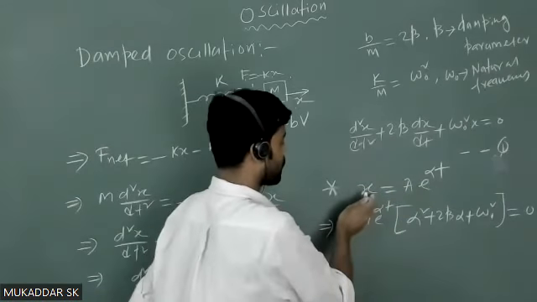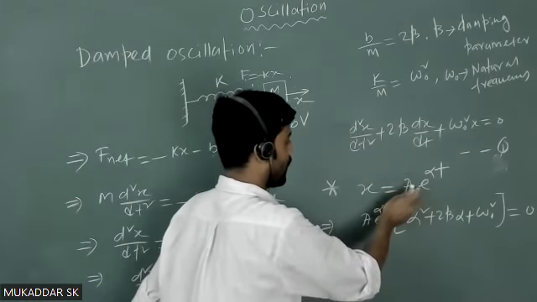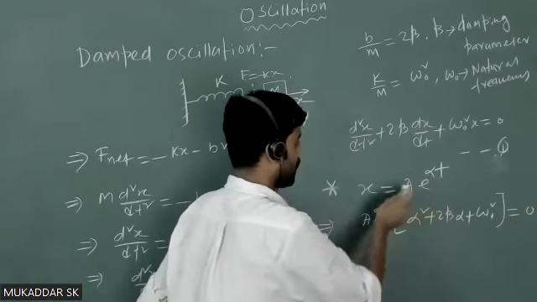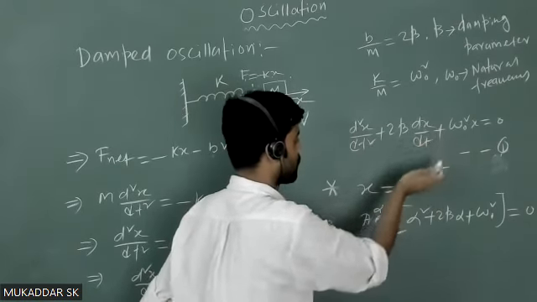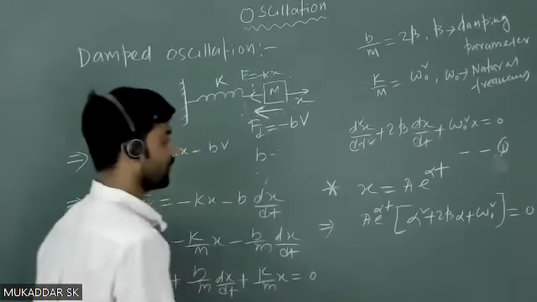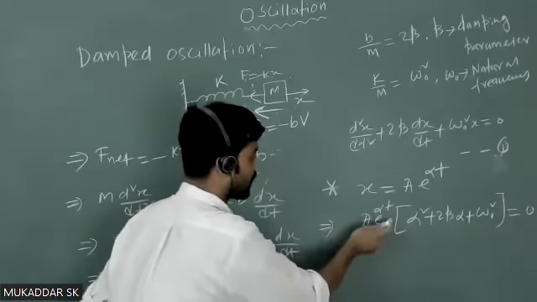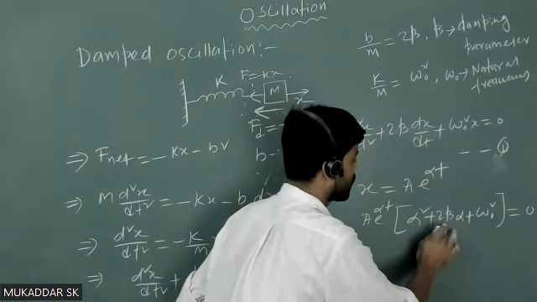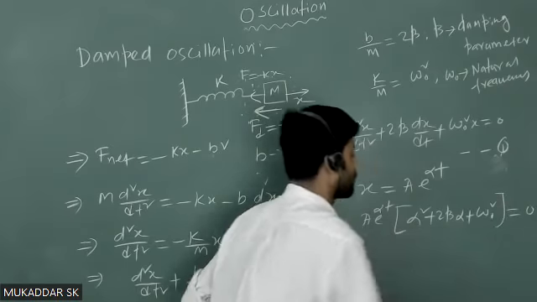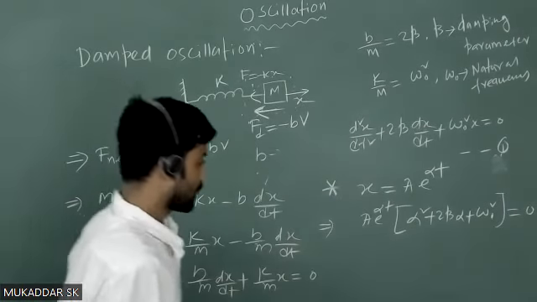Just you have to substitute this here. So d square x by d t square becomes a alpha square exponential alpha t. Dx by dt will be a alpha exponential alpha t. So if you substitute this in equation number 1, you'll basically get a exponential alpha t common, and inside the bracket you will get alpha square plus twice beta alpha plus omega naught square, that will be 0. Okay.